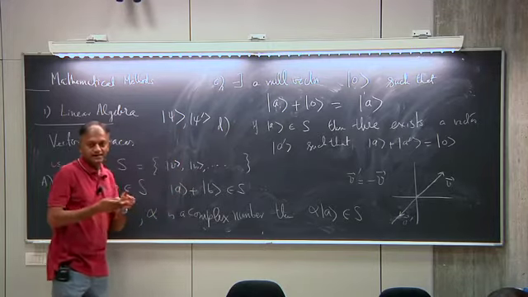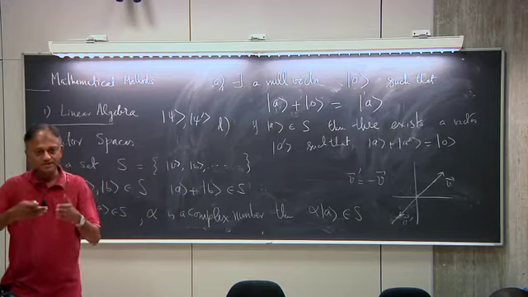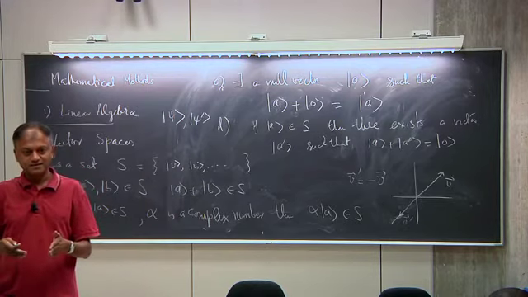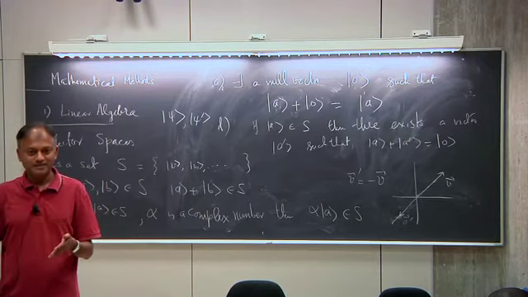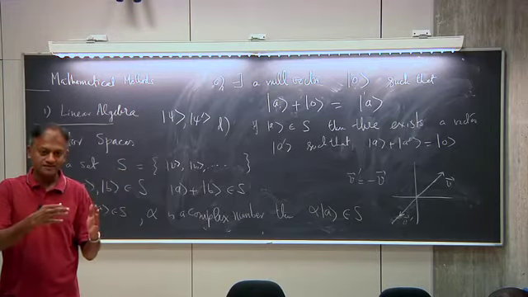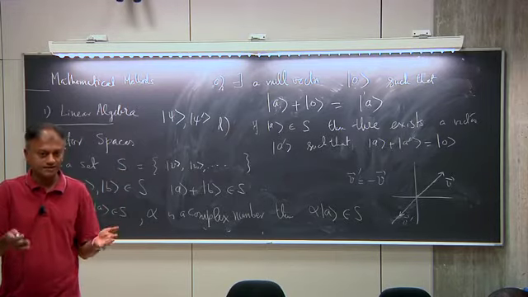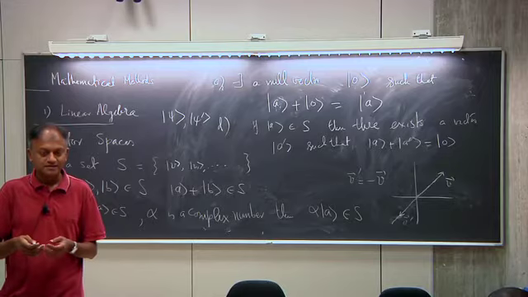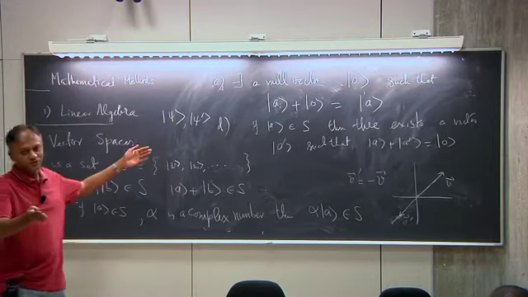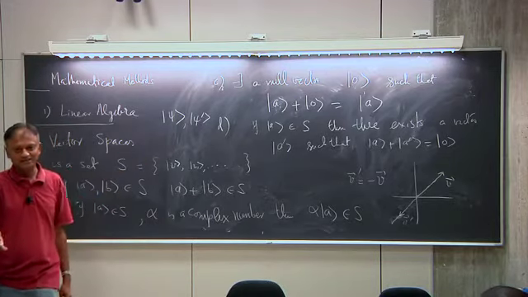In fact, in quantum mechanics, the set of states, the Hilbert space, is a vector space on which various operators will act, like the Hamiltonian operator. You'll be studying quantum mechanics in the very next lecture in the afternoon.